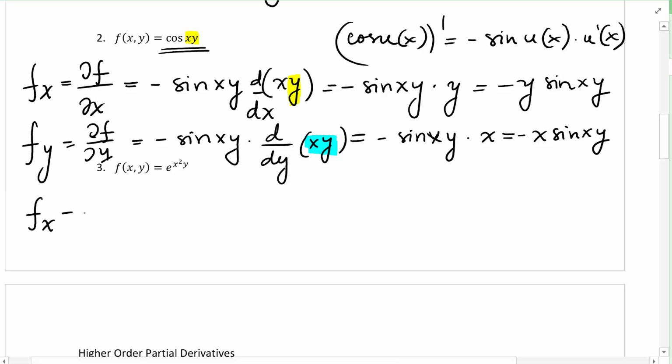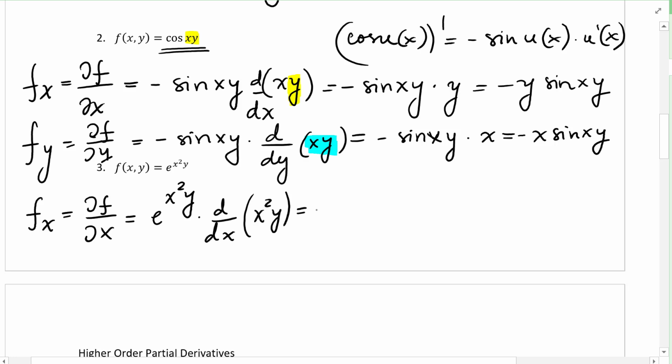So f sub x is the derivative of f with respect to x, which is e to the x squared y times the derivative with respect to x of x squared y. If we differentiate with respect to x, y is a constant, so we get 2xy, or 2xy e to the x squared y.